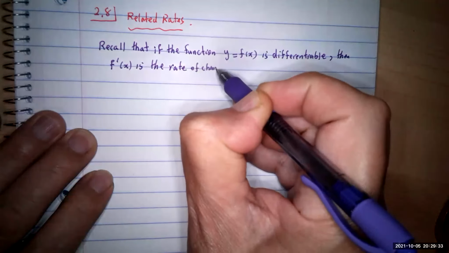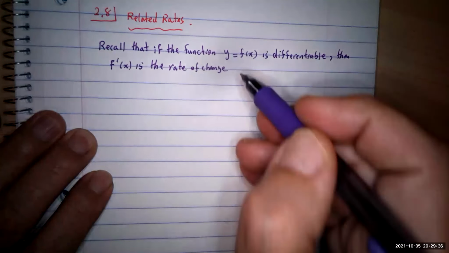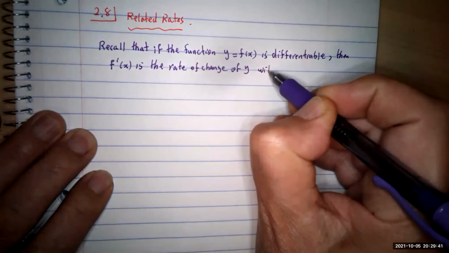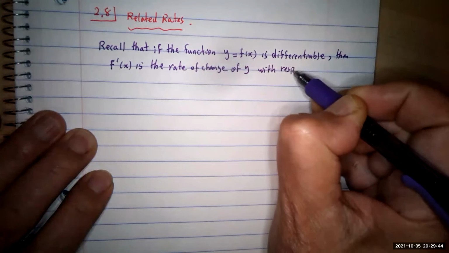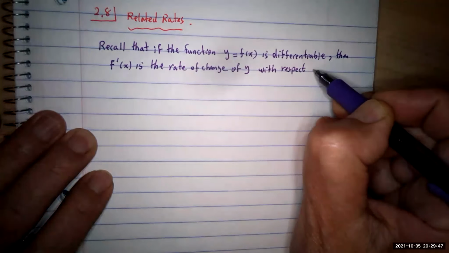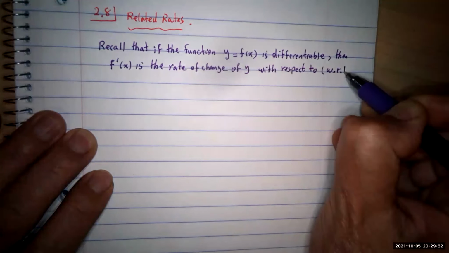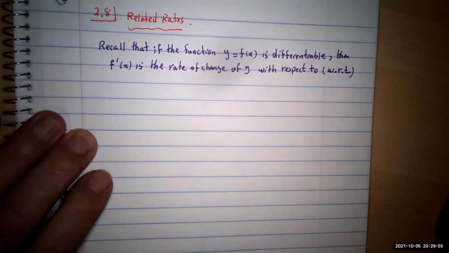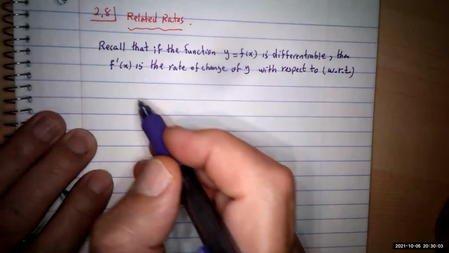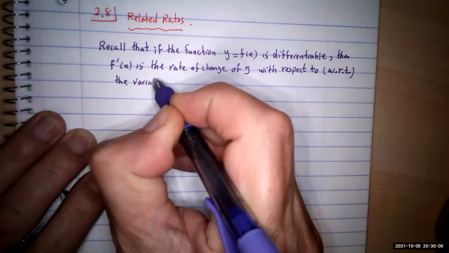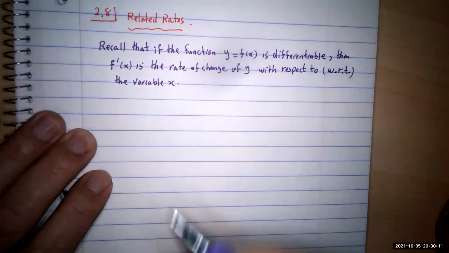Remember, rate of change or speed, velocity. It is the rate of change of the value of y with respect to the variable x. I'm going to use the expression "with respect to" quite a lot. That's going to be one.